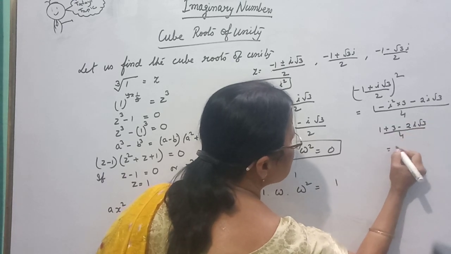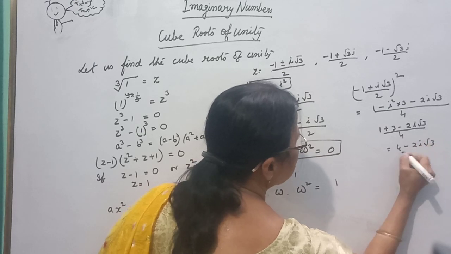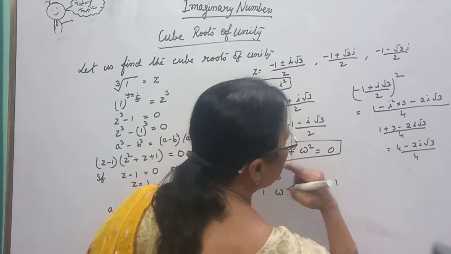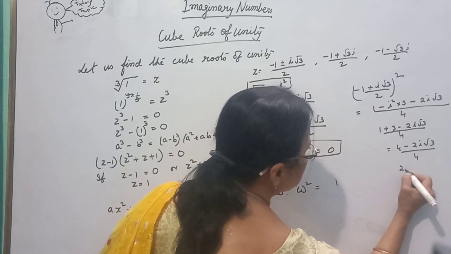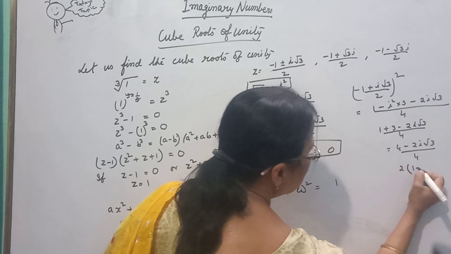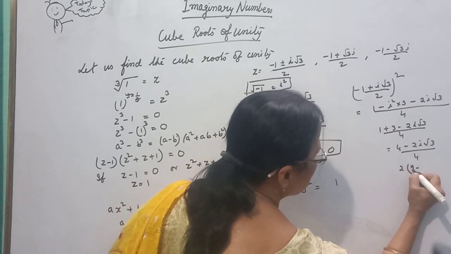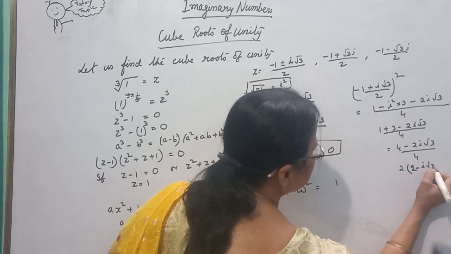We can write this as 4 minus 2 i root 3 divided by 4, or taking 2 common, 2 minus i root 3 divided by 2.